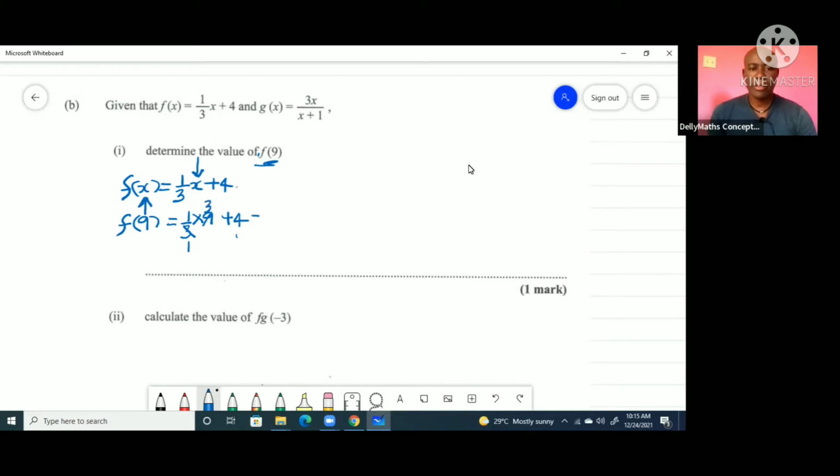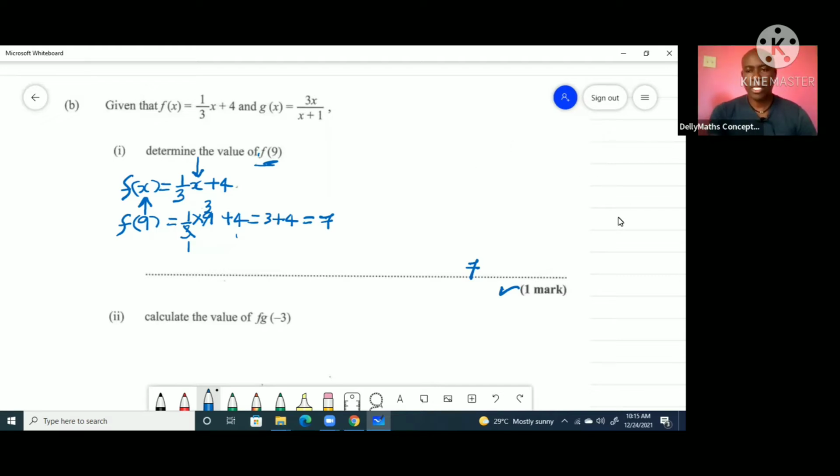So 1 times 3, 3 plus 4, this will give us 7. So they're expecting us to write 7 there to get that mark. So there it is, f of 9 is equal to 7.